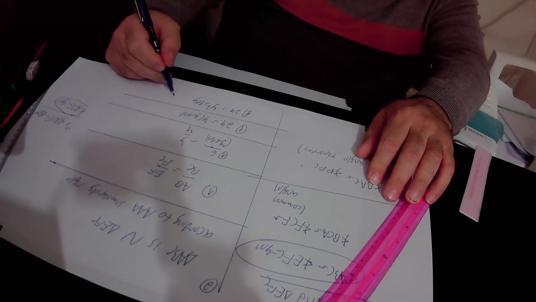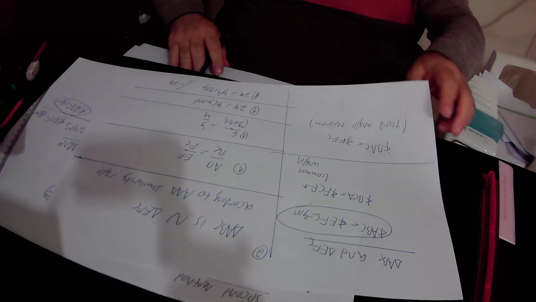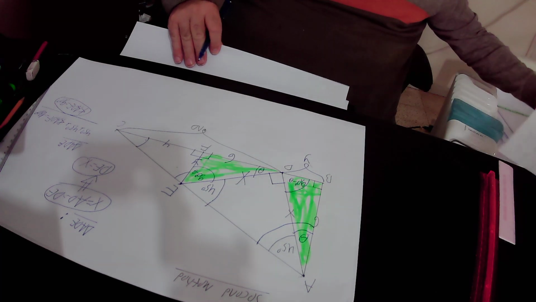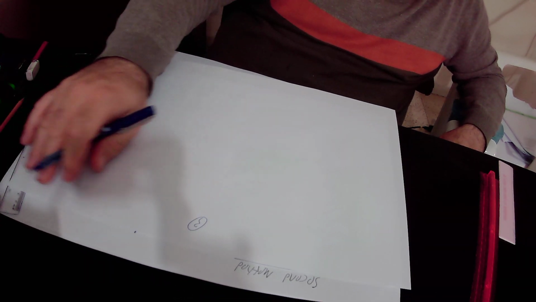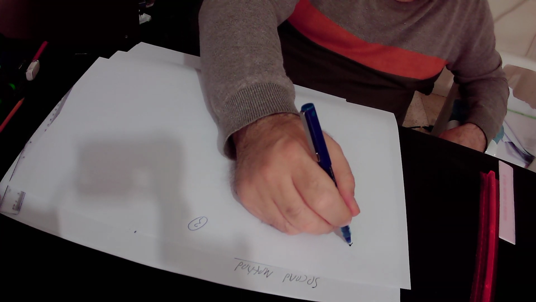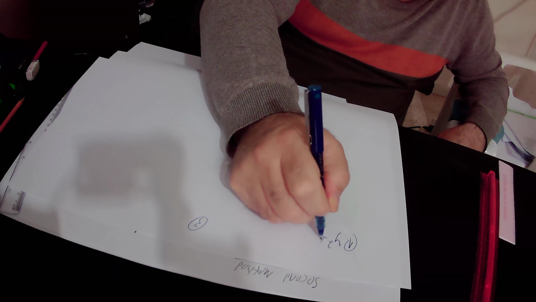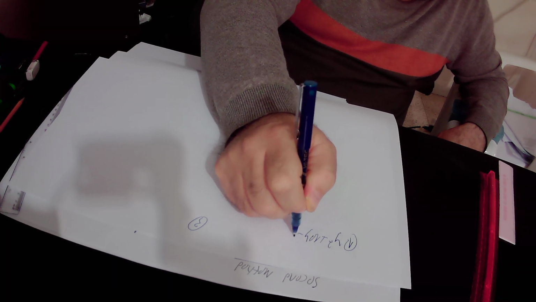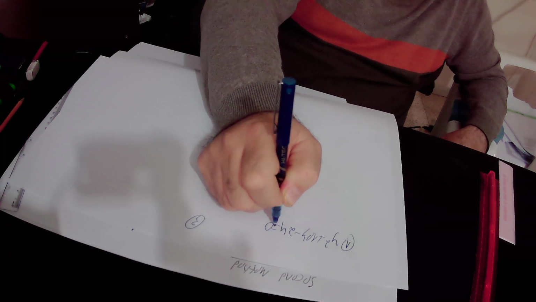Here we subtract 24 from this equation number 1, and we get that y squared plus 10y minus 24 equals 0.